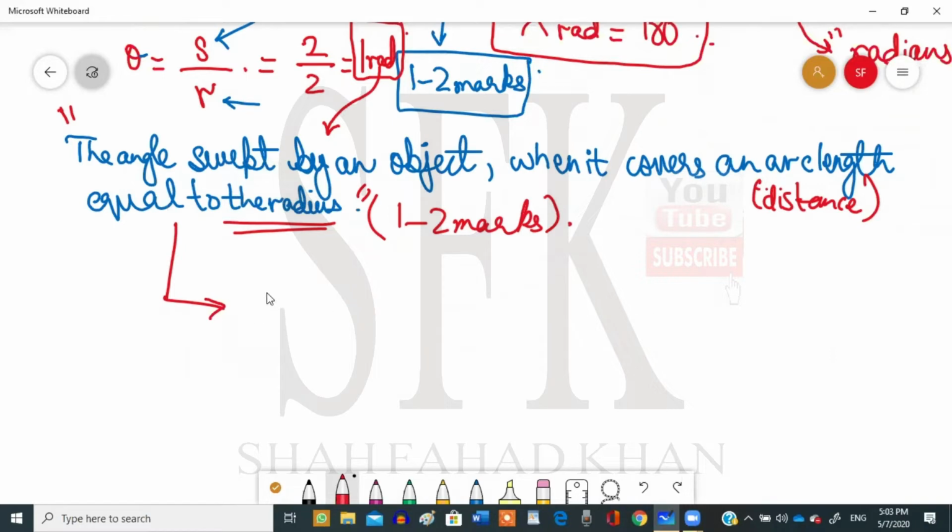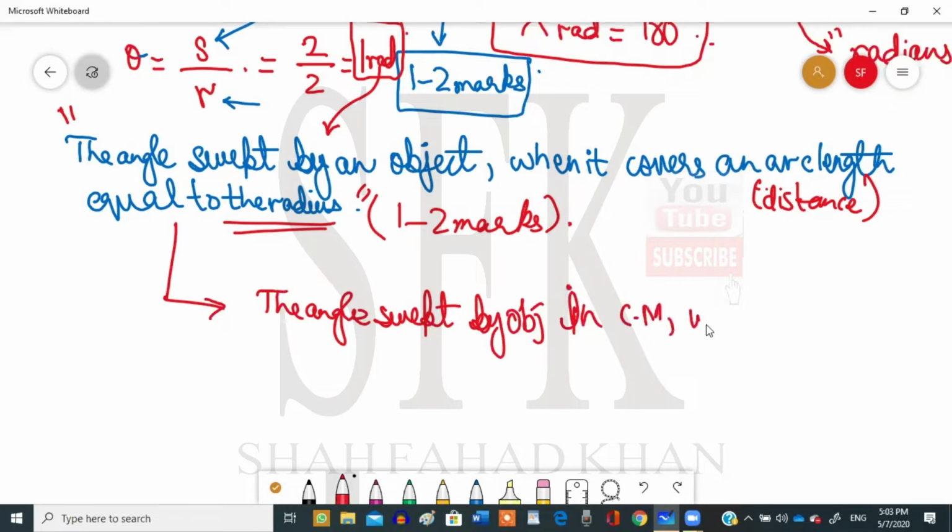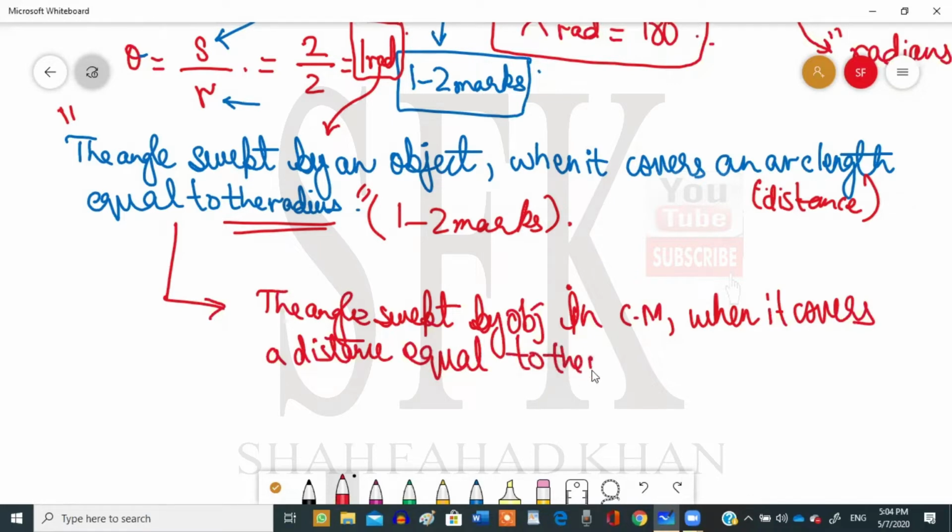The marking scheme says that the angle swept by an object in circular motion when it covers a distance equal to the radius.